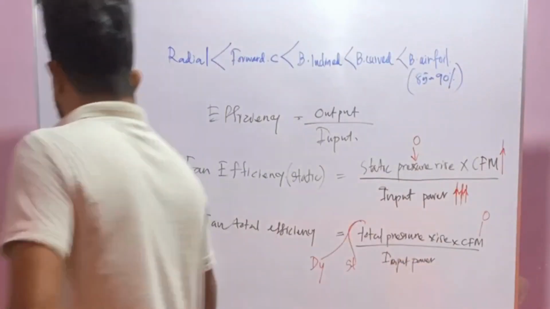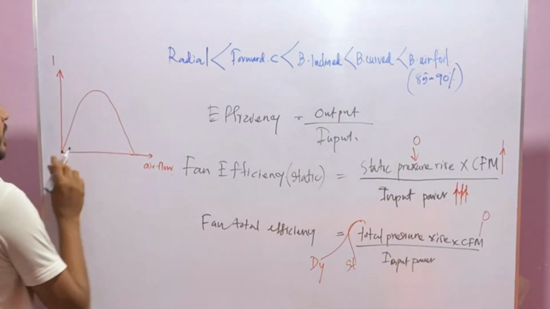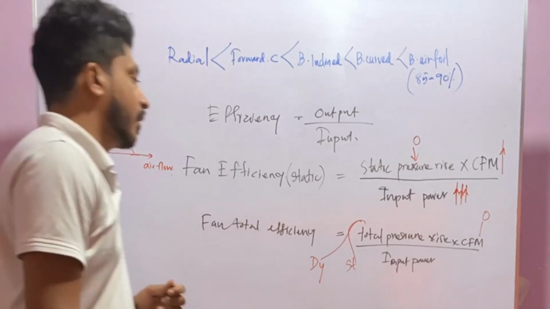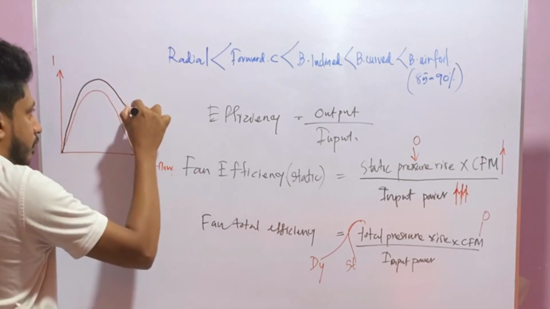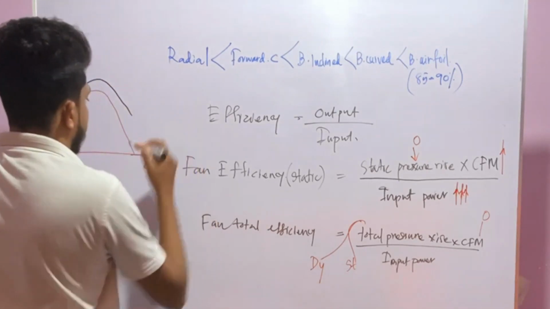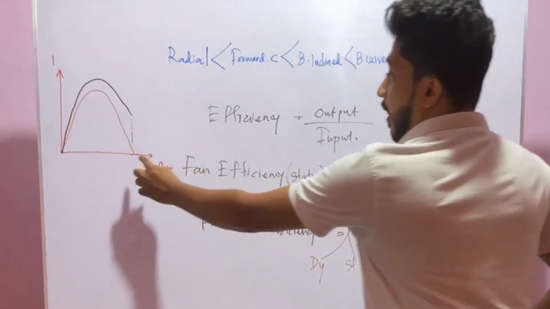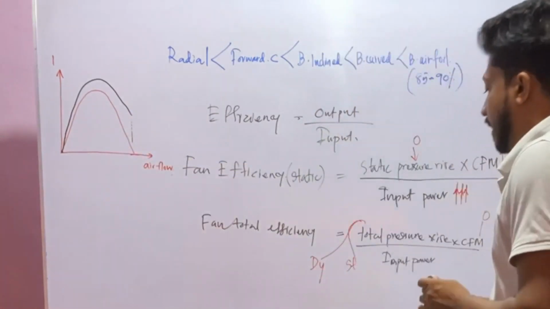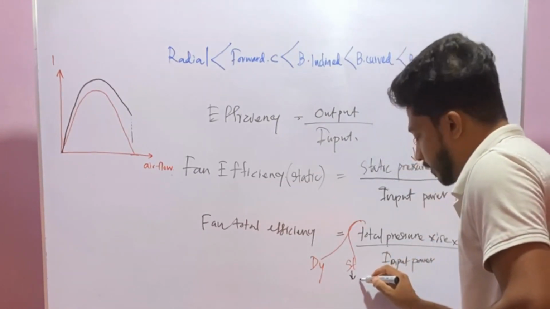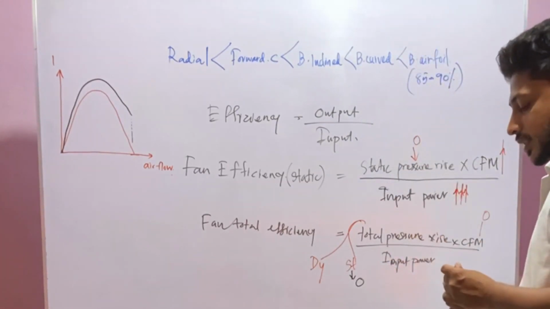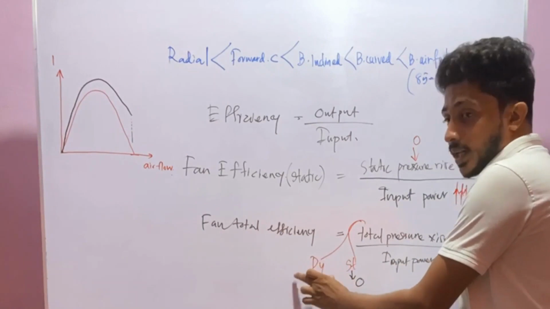That means for the total efficiency also, this curve starts from this point and it goes like this. Okay. So at the maximum airflow, we learned that static pressure is 0.